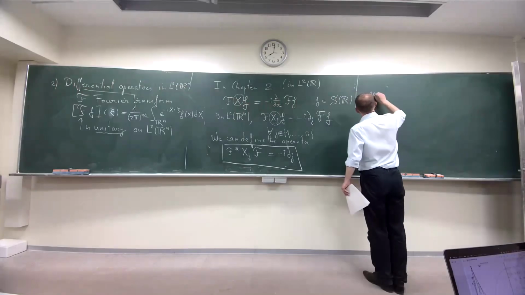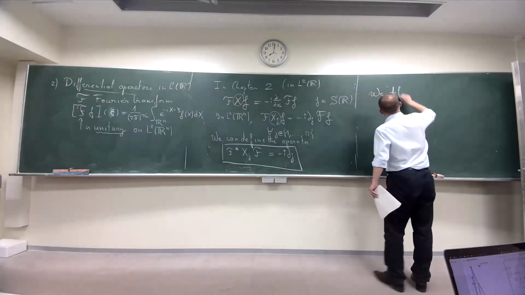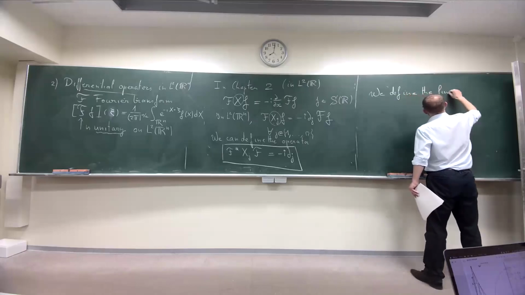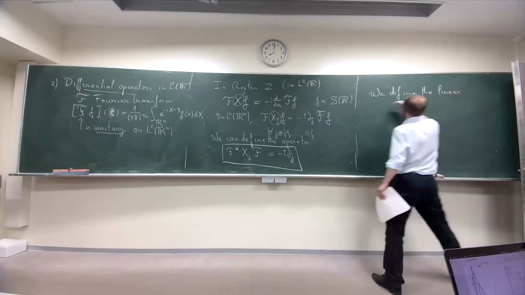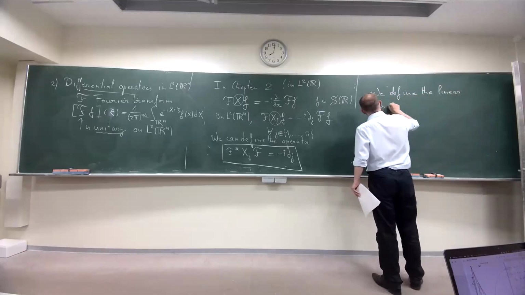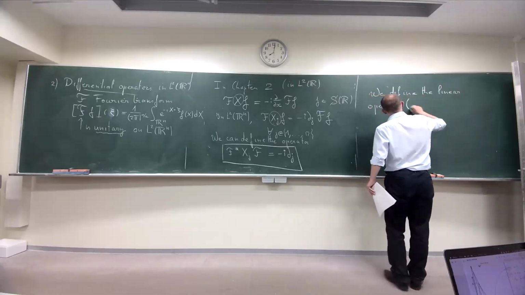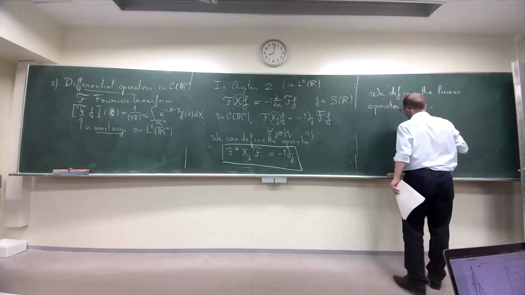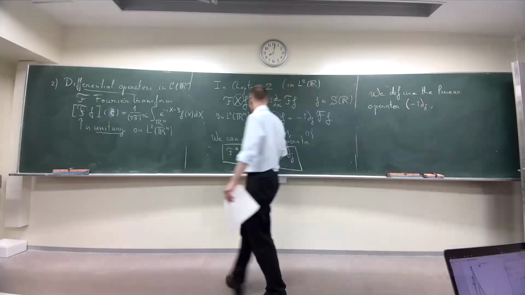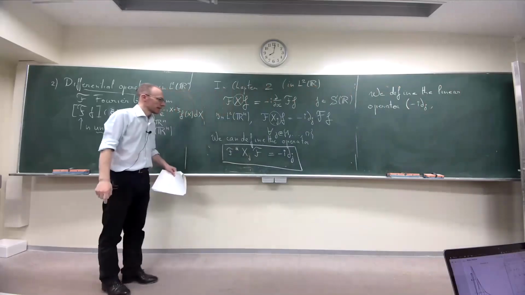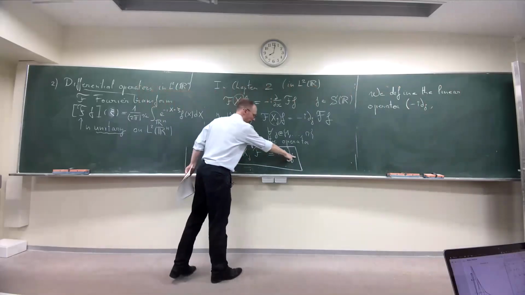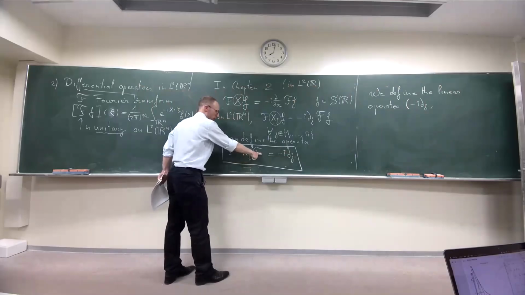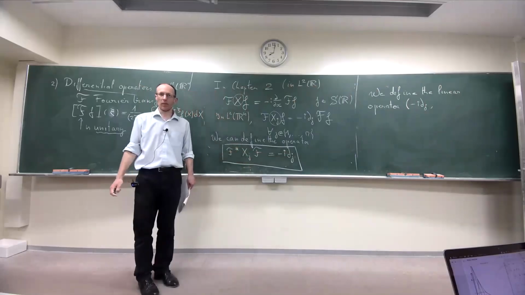So we define the linear operator minus i dj. And what is the domain? Probably you can see from here. When you apply this to a function, it's like taking the Fourier transform and then xj.